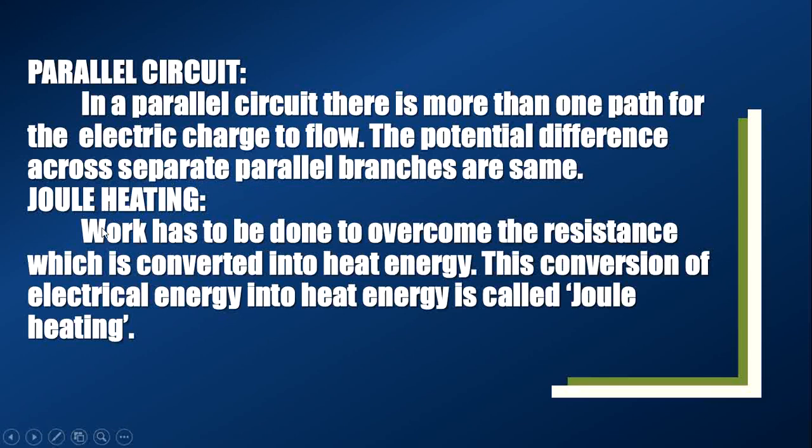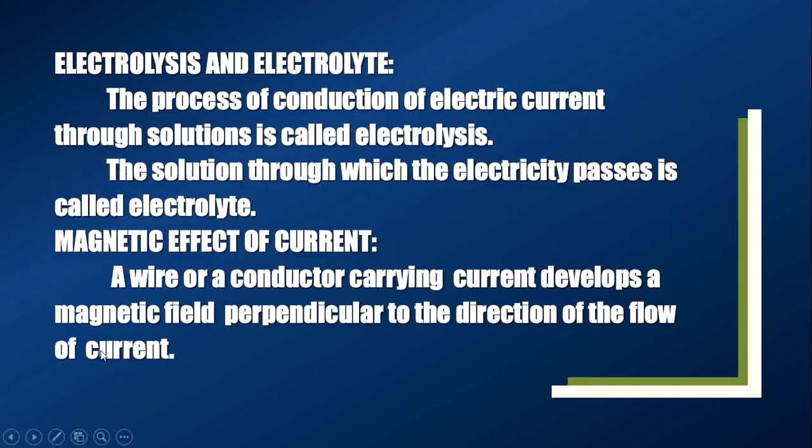Joule heating. Work has to be done to overcome the resistance, which is converted into heat energy. This conversion of electrical energy into heat energy is called Joule heating. Electrolysis and electrolyte. The process of conduction of electric current through solutions is called electrolysis.